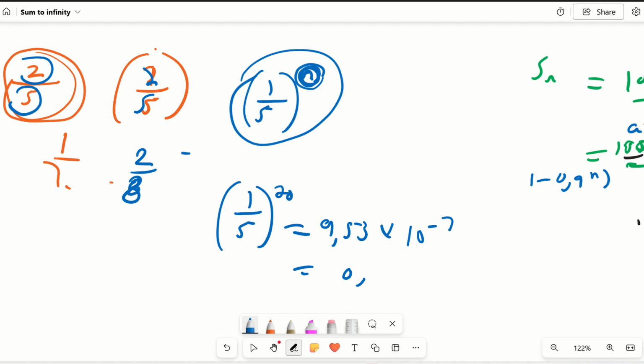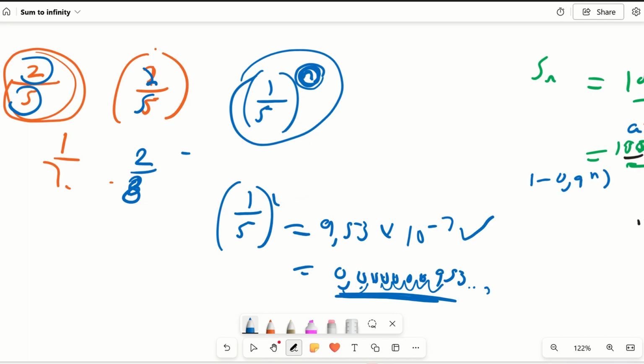As a decimal, it's 0.00001 2 3 4 5 6 9 5 3. This is a very small number. You can switch your mode so that it gives you a decimal. So the higher this power becomes, the closer it gets to 0. It's going to get to a point where it will converge to 0.